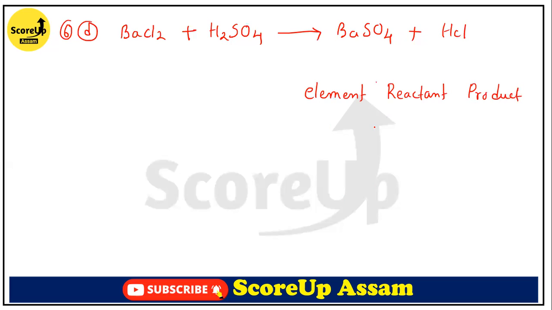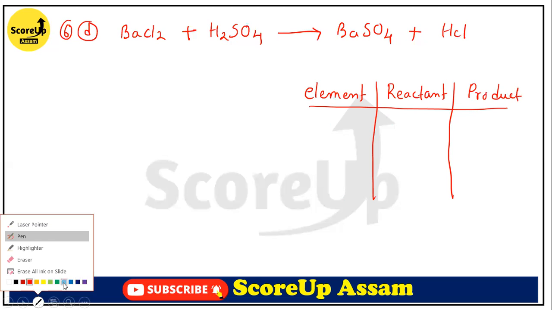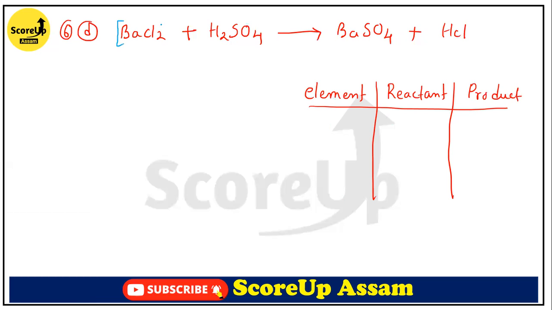So just make 3 columns. Let me put it in a bracket. So we should not change anything within this bracket. Now, what are the elements? Barium, chlorine, hydrogen, sulfur, oxygen, right?